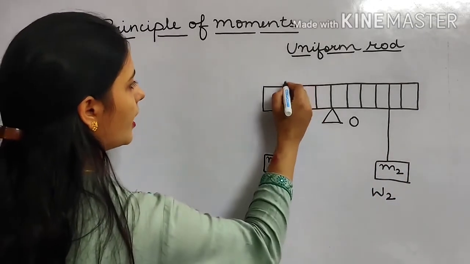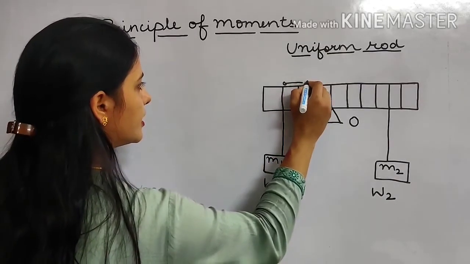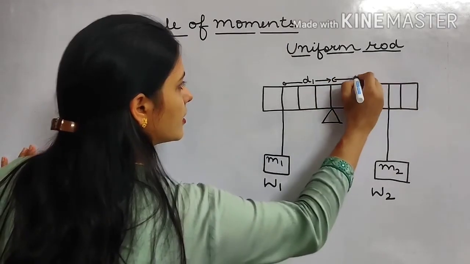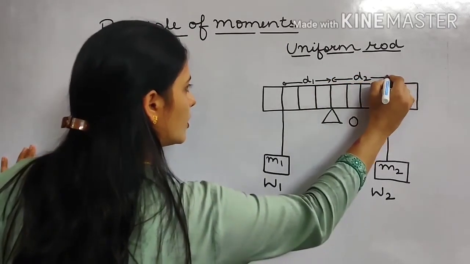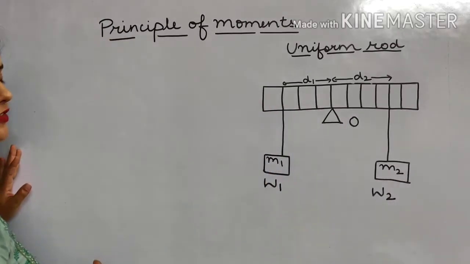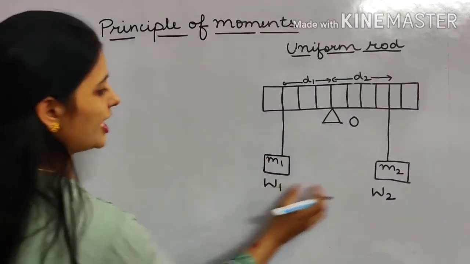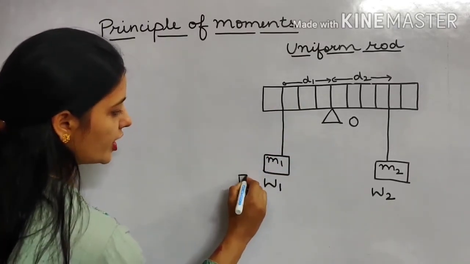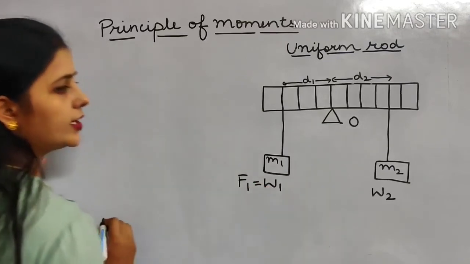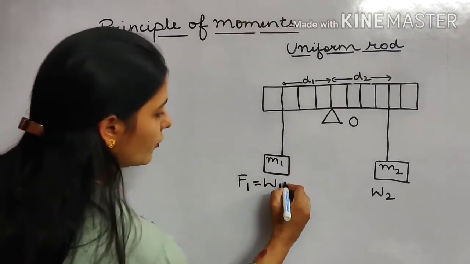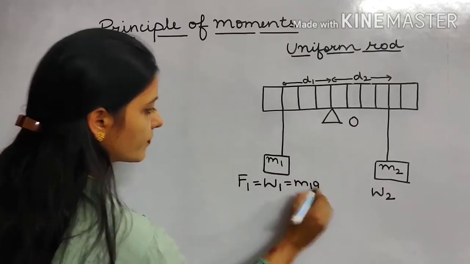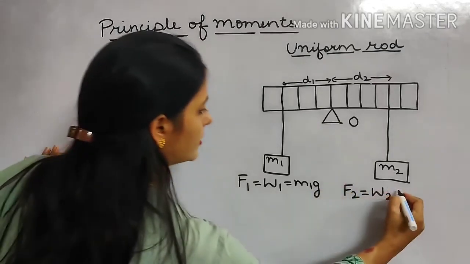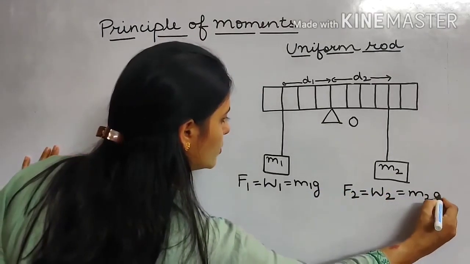These two weights are at distances D1 and D2 from this pivot respectively. As we know, these weights are forces acting in the downward direction. So we can write F1 is equal to W1. As we know, weight is M1G. Similarly, this is the force F2 acting downwards. This is equal to M2G.